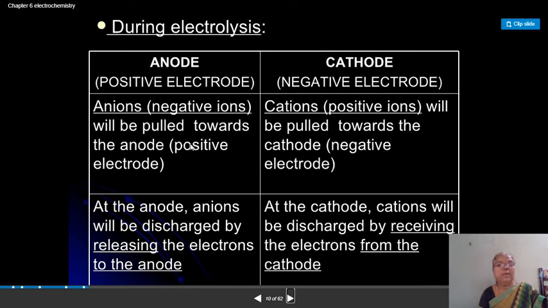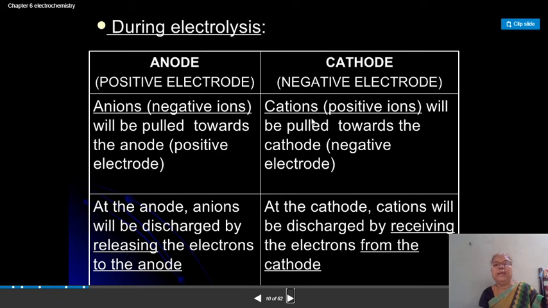In simple words, the migration of negative ions towards the positive electrode takes place. And here cathode is a negative electrode, and migration of positive ions towards the cathode takes place.